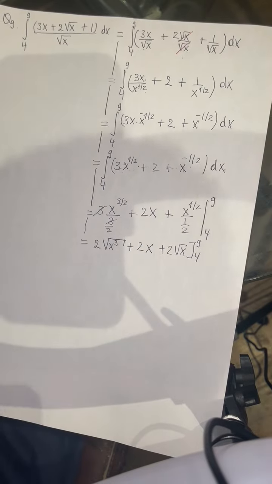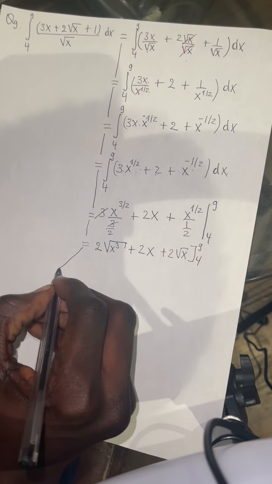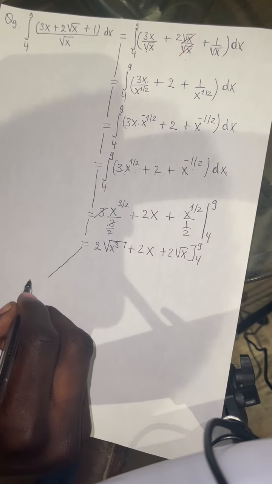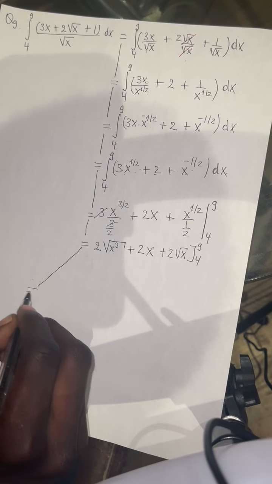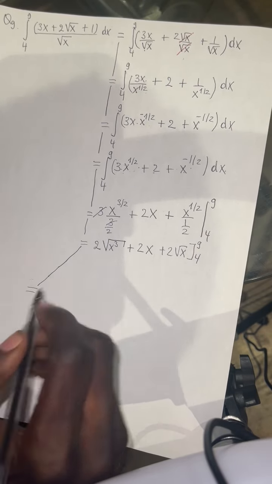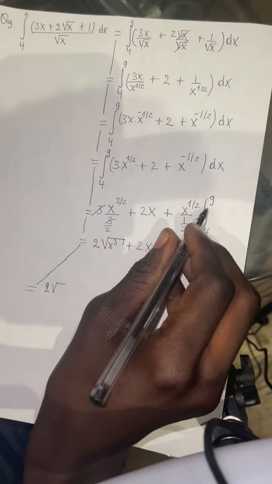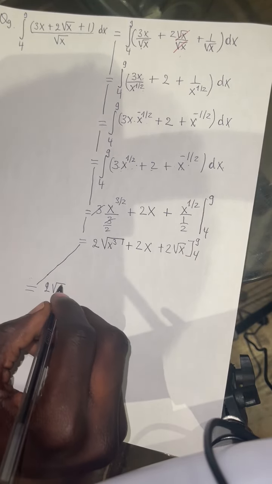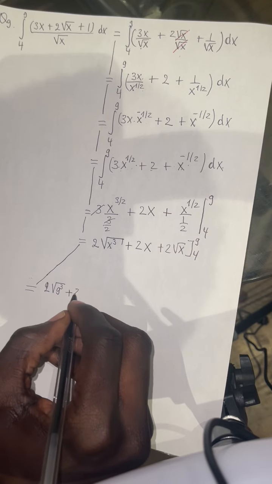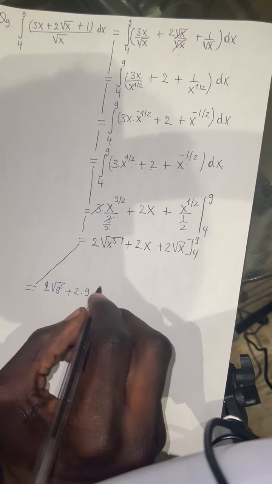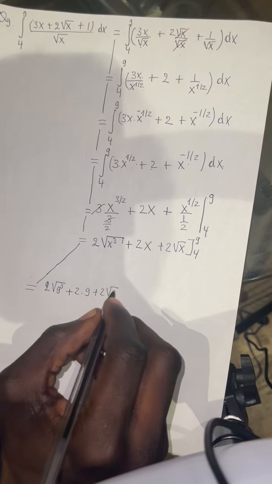So now we're going to write this. I'm going to put it here because of the space. So I'm going to come here, equal. We're going to have 2x, we put 9. So you're going to have 2 square root of 9 to the power 3 plus 2 times 9 plus 2 times square root of 9.